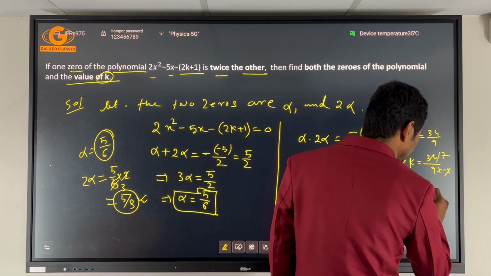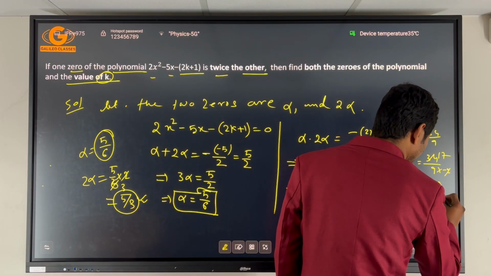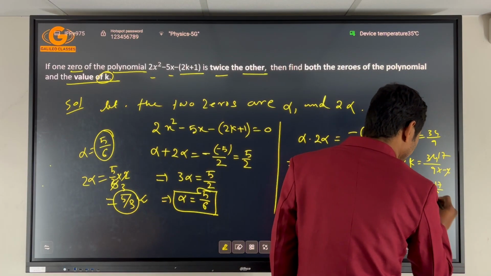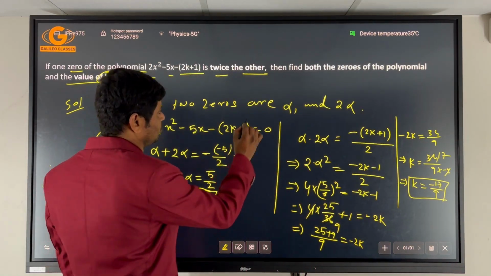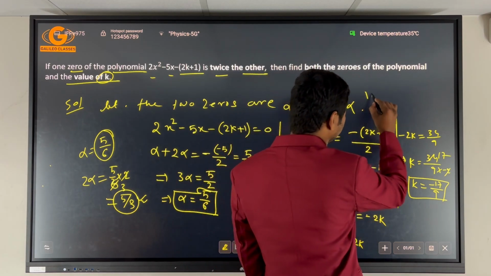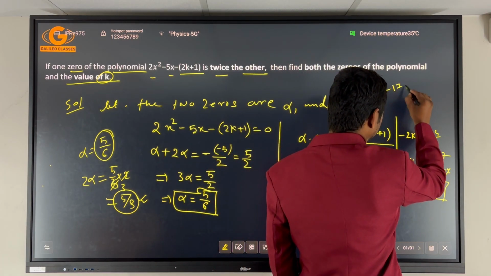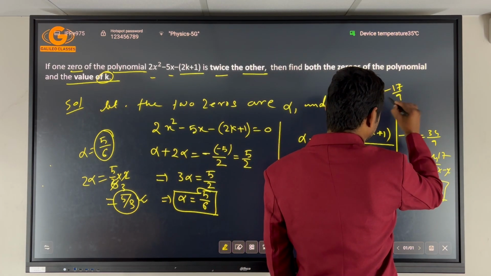Hence k will be minus 17 by 9. Therefore the final answer, the value of k will be minus 17 by 9.